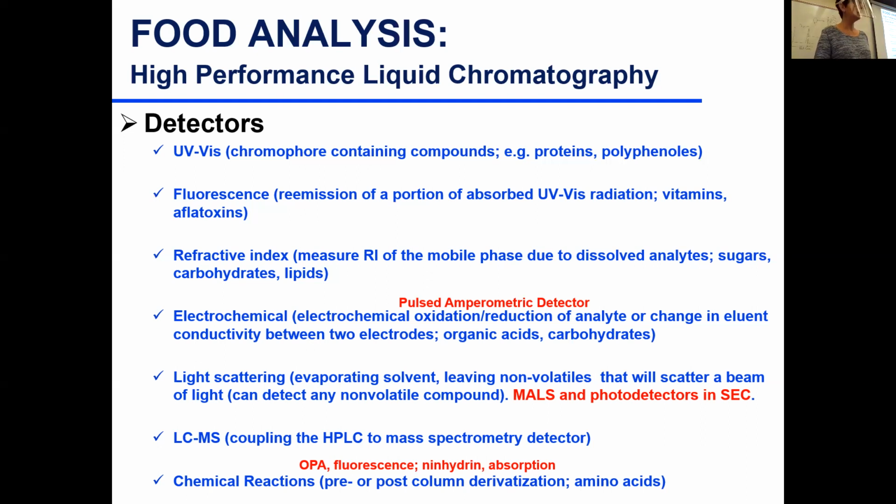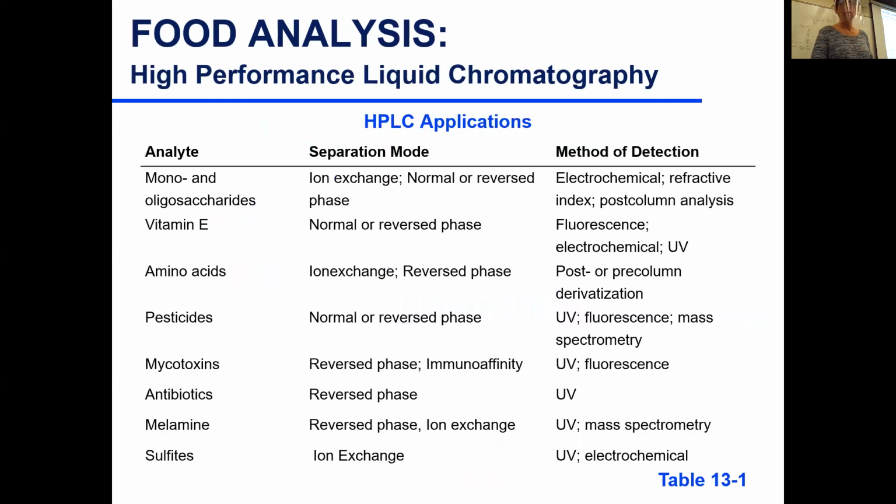Okay, any questions? No? So this is a good review or example table where if I tell you in an exam, give me an example where you would use a normal phase or reverse phase chromatography, or sometimes I give you a scenario where you want to identify mono and oligosaccharides, then you would tell me which chromatography you would use and what detection method you would use.